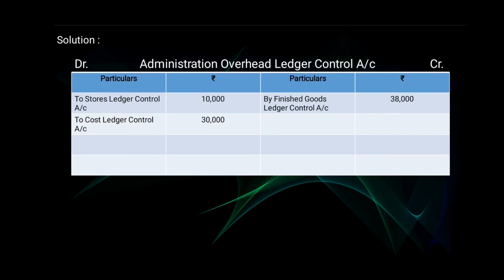In administration overhead ledger control account, let us take the total. So the total amount is 40,000 on the debit and on the credit side, and the balancing amount that is coming on the credit side will be transferred to costing profit and loss account, which is amounting to 2,000.